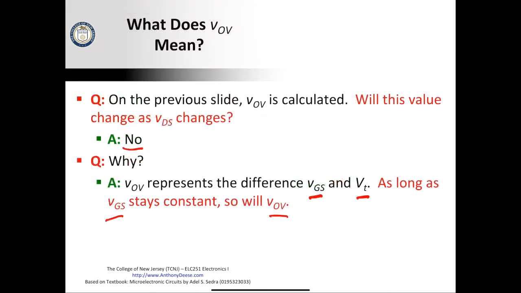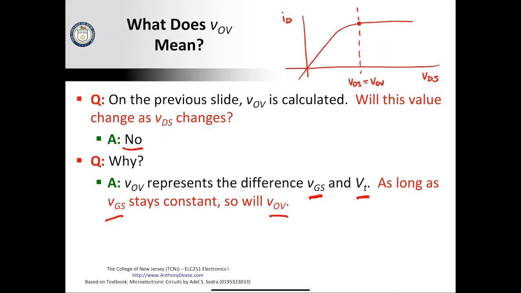Okay, now, let's try to imagine what's going on here. So I'm going to draw this generic VI curve for the MOSFET. And let's look at where we were before. Before, we were at the edge of triode and saturation, where VDS is equal to VOV. They tell us VGS is held constant, which means we're not going to be jumping up or down to another VI curve.